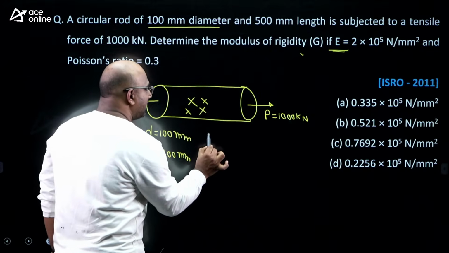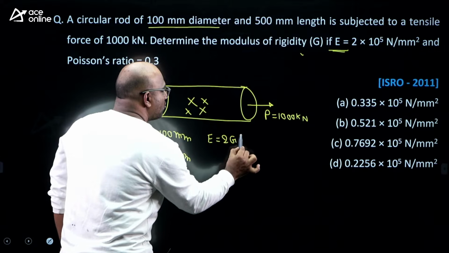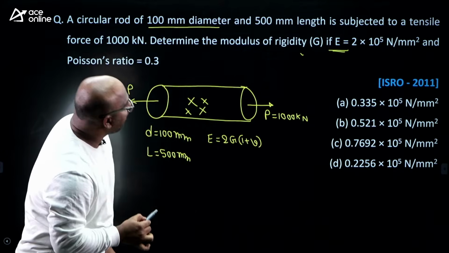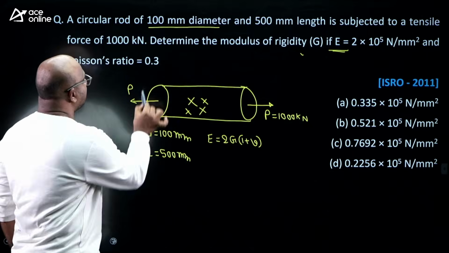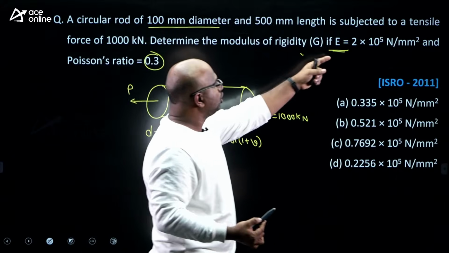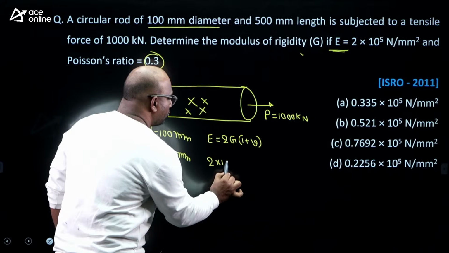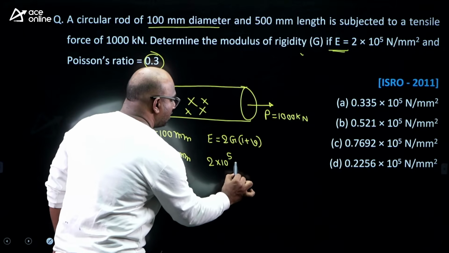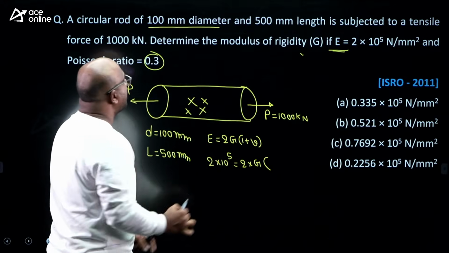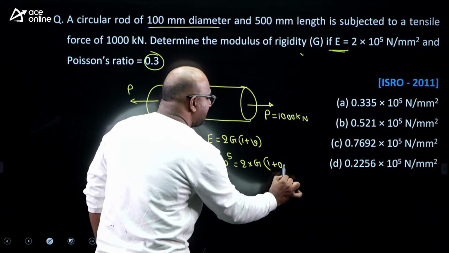Direct formula, E equal to 2G into 1 plus V, guys. Here Poisson's ratio is given, guys. If Poisson's ratio is also given as 0.3, how much is coming? I can say E is 2 into 10 power 5. Listen carefully, sir. E equal to 2 into 10 power 5 equal to 2 into G into 1 plus V. 1 plus V means 1 plus 0.3, guys.